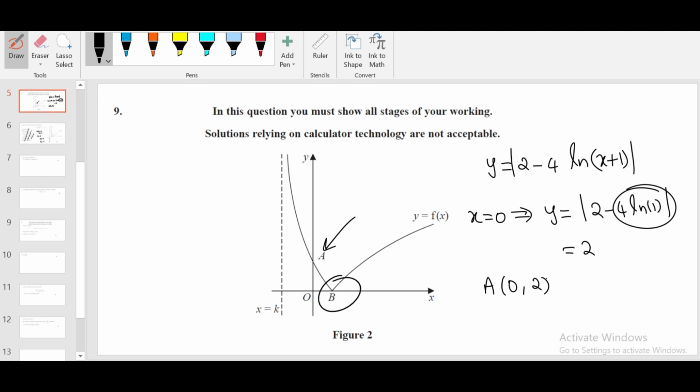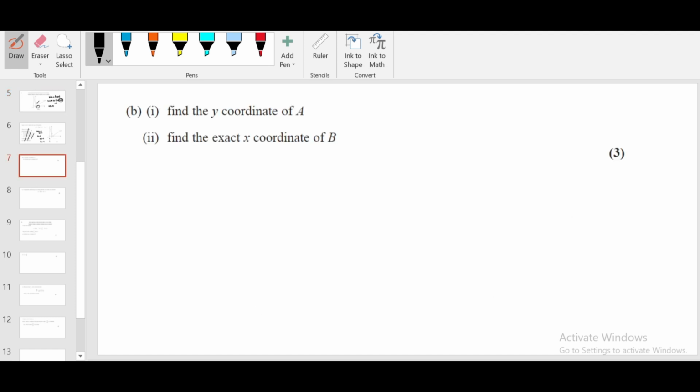And for B, to find the x coordinate, we replace y by 0. So in this function, y is equal to modulus of 2 minus 4 ln(x plus 1), we need to replace y by 0. So you will get 2 minus 4 ln(x plus 1) equal to 0. You don't need to take positive or negative argument because this is 0. If you take positive or negative argument, you will get the same answer anyway.